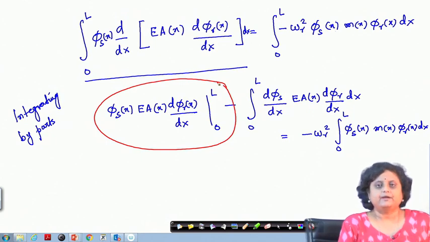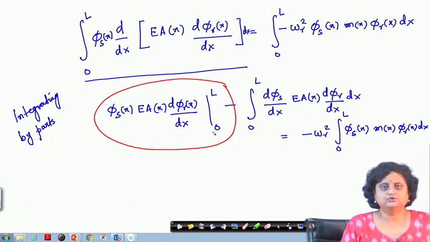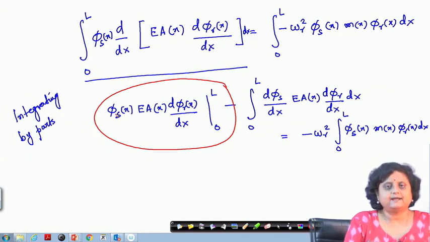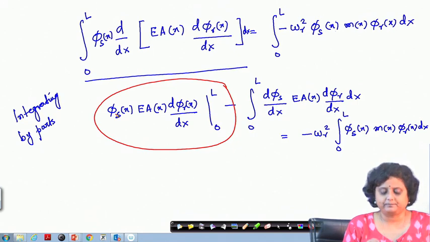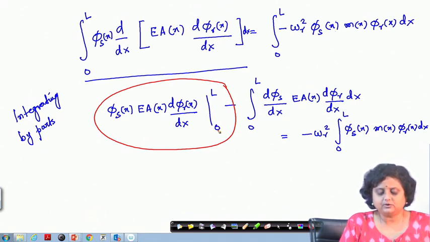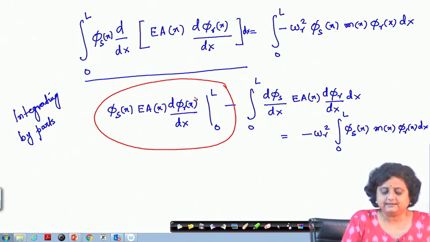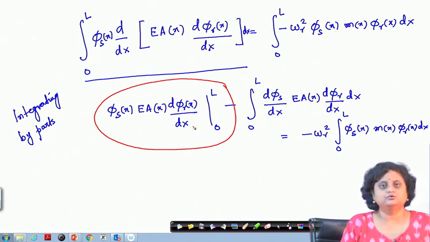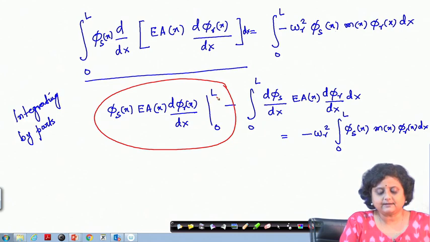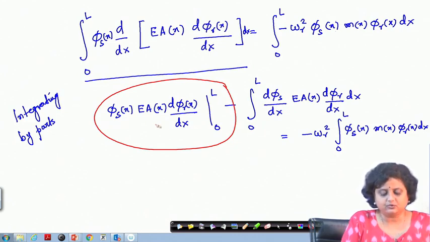Now, if at x equal to 0, the rod has a fixed end, then phi x goes to 0. If at x equal to 0, it has a free end, then this part goes equal to 0. Similarly, at x equal to L, if it is a free end, then this goes to 0.